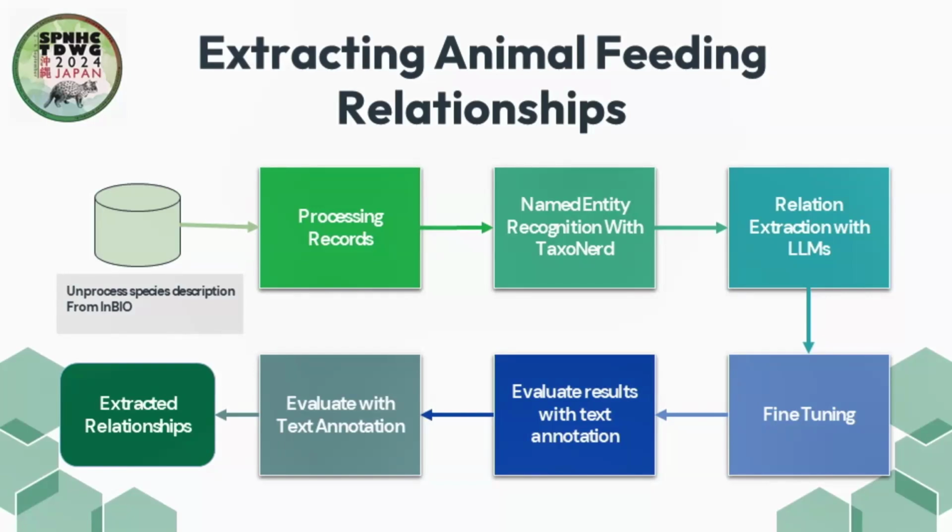This tool allows us to precisely mark the beginning and end characters of entities and relationships, ensuring that we could accurately evaluate whether Llama 2 7B was correctly identifying these relationships.